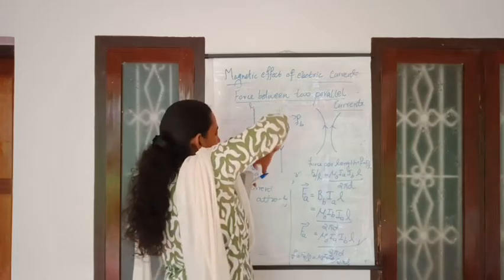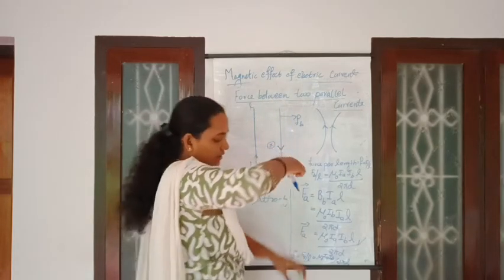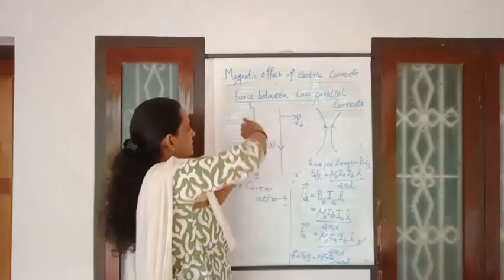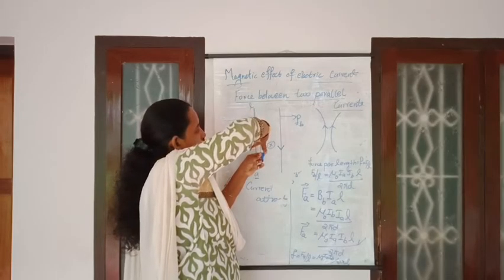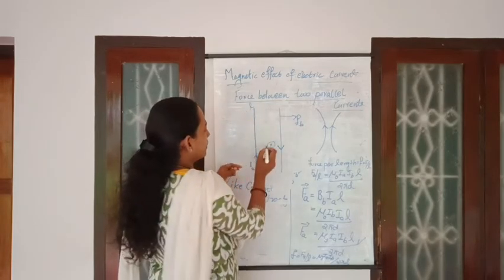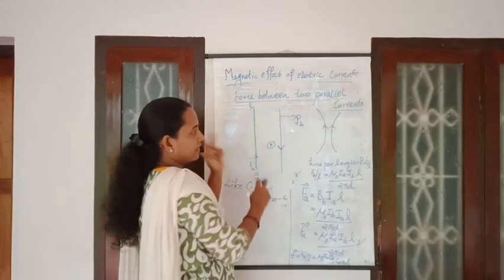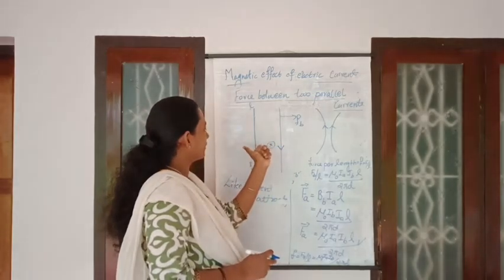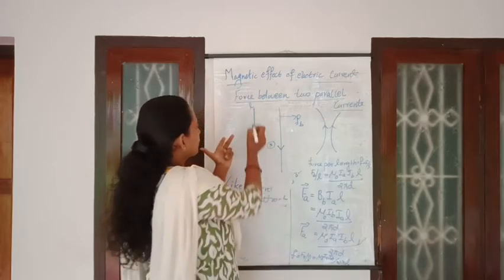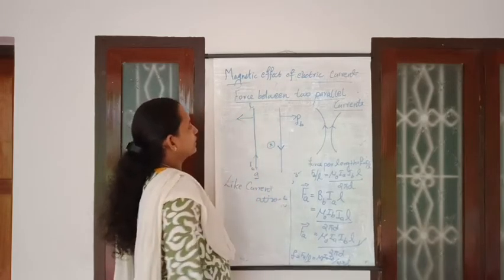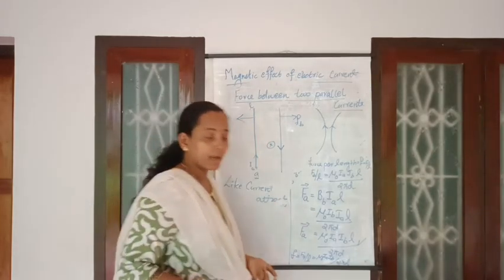You are catching that one like this. Therefore, here it is inward, here it is outward. In this magnetic field, by Fleming's left hand rule, magnetic field inward, current upward, therefore they are repelling.